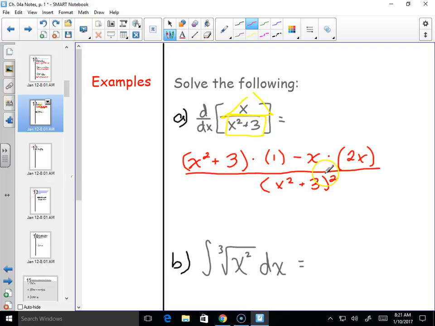The line's still rough. All over bottom squared. Can you do quick mental math? x squared minus 2x squared. You guys hopefully worked it out. Negative x squared. Is that good? Plus 3.